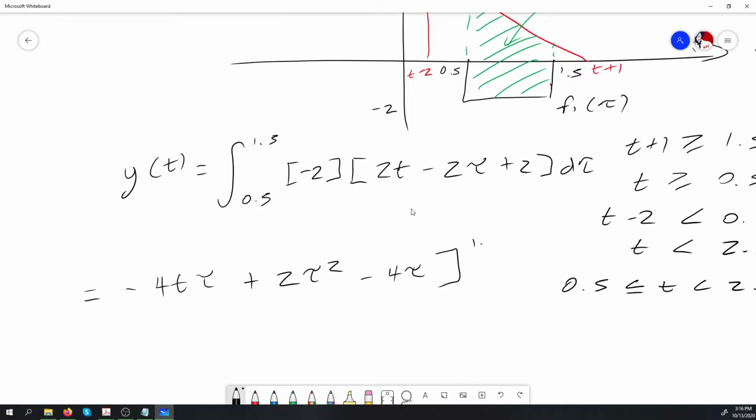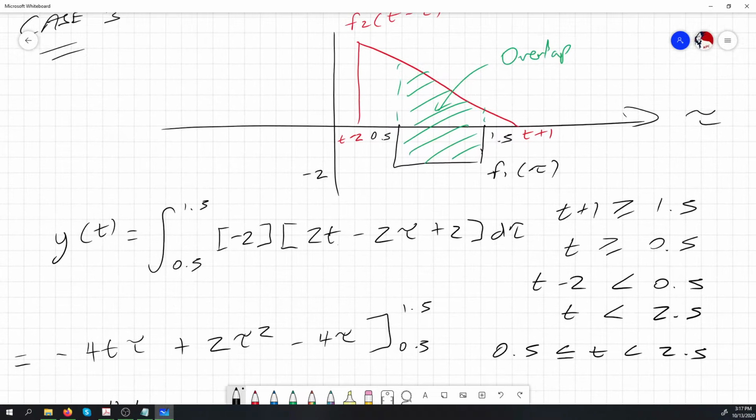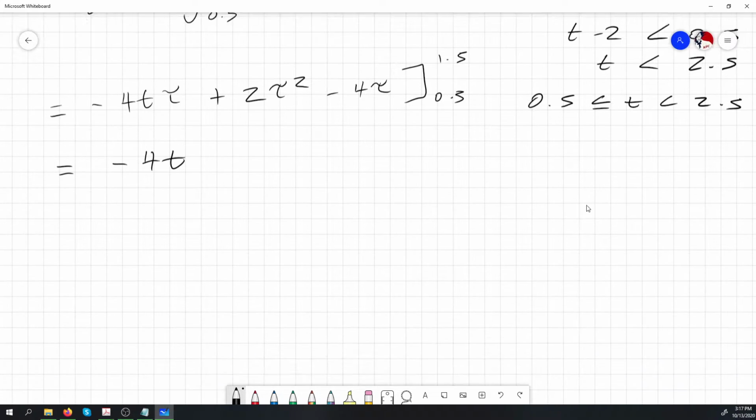Our limits here are between 1.5 and 0.5. When we evaluate this, we get an answer of minus 4t. So this will be our answer for case 3.